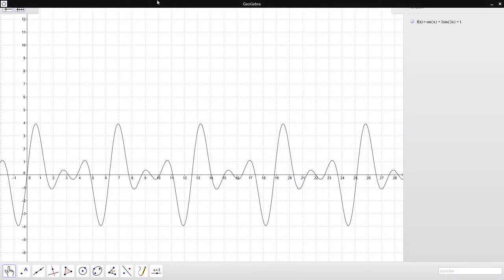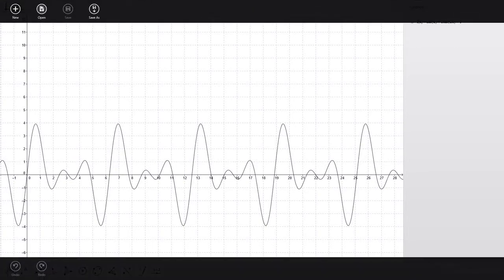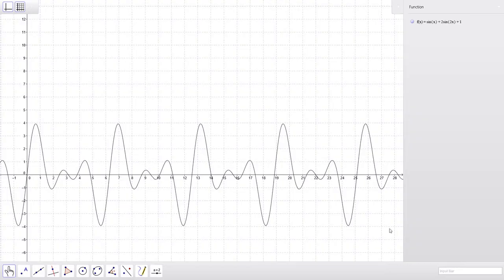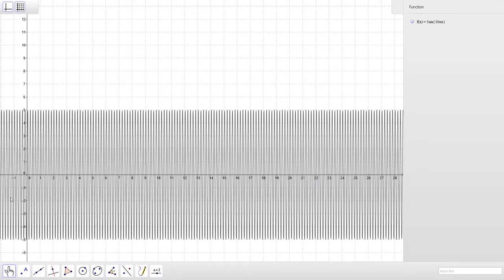So what we do is we combine it with a standard wave. We call it a standard carrier wave. It looks like this. It's a wave of high frequency and the same amplitude.